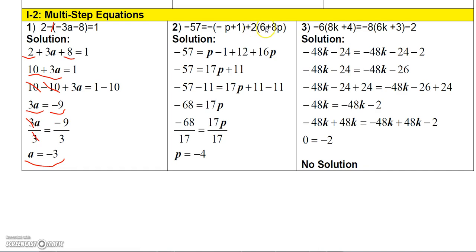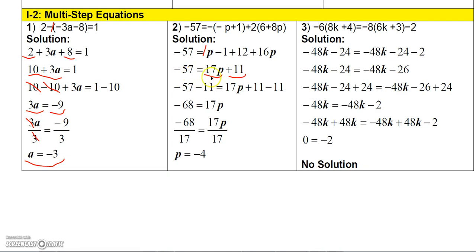So I'll say 2 times 6 is 12, and then 2 times 8 is 16p. And then I'm going to collect the like terms on the right. So on the right here, you'll notice I have 1p. Remember, this is like 1p. So 1p plus 16p gives me 17p. And then here I have minus 1 plus 12, which is 11. So I'll get 11 there.